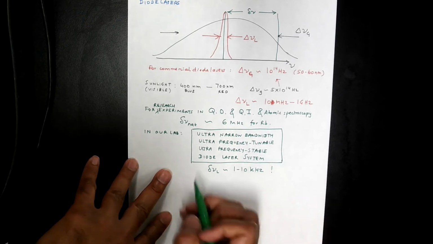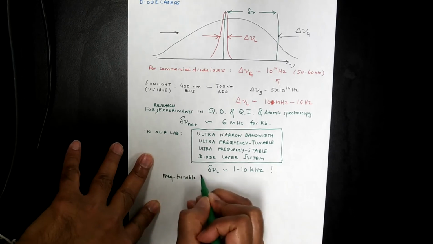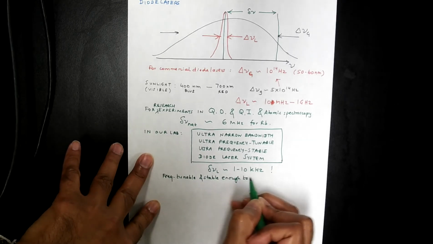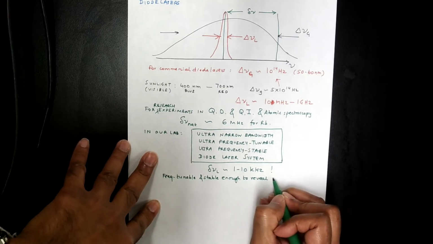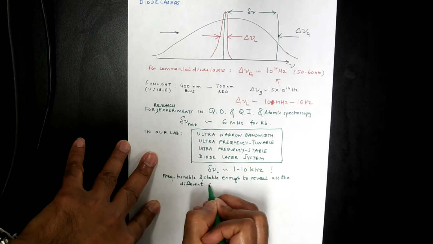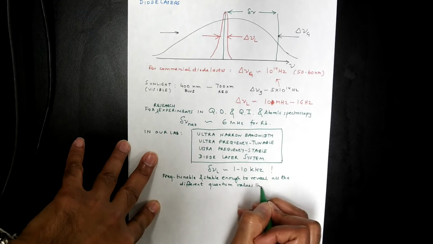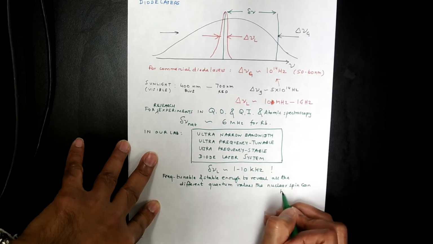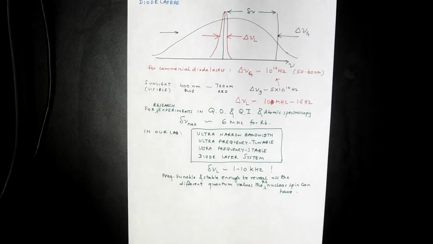So I'll just write that: frequency tunable and stable enough to reveal all the different quantum values the nuclear spin can have, the rubidium nuclear spin can have.